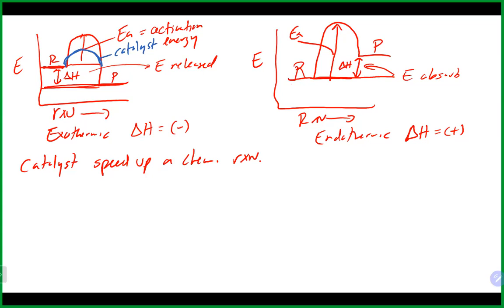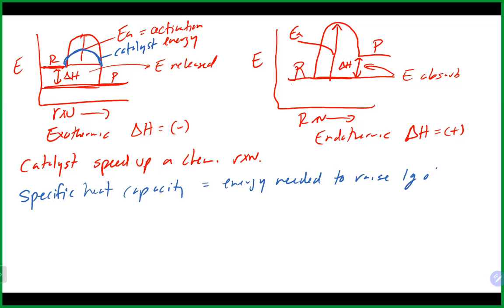We also talked about in this chapter specific heat capacity. The specific heat capacity is the energy needed to raise 1 gram of a substance by 1 degree Celsius.